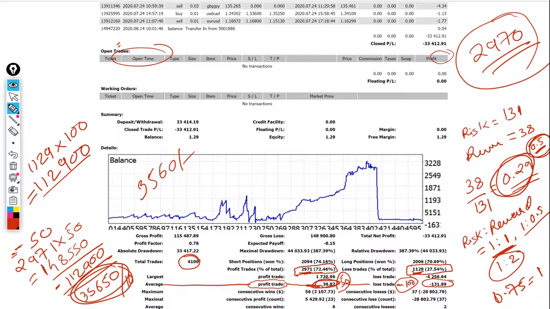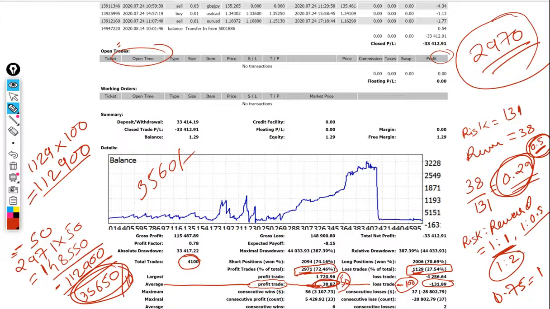So the risk reward is 50 divided by 100, which is 0.5. You are following a risk reward of 0.5 only, and still you can make a monthly return of $3,500. It is almost 10 to 12% return on your capital monthly, and you can reinvest that profit into another MT4 account, and in that way you can grow and take the risk on your profit but not on your main capital.